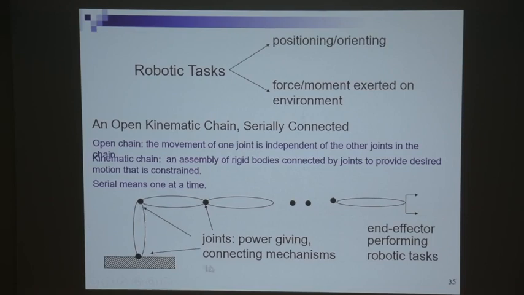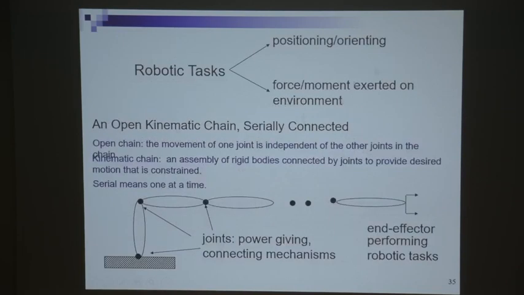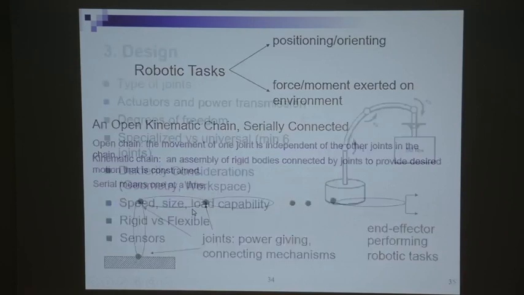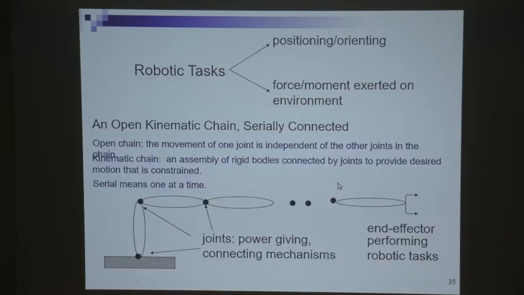You will come across various ways of drawing a robot manipulator, something like this, or you may come across a drawing in this manner, with an oval shape instead of a rectangle, a rectangle bar representing the link.